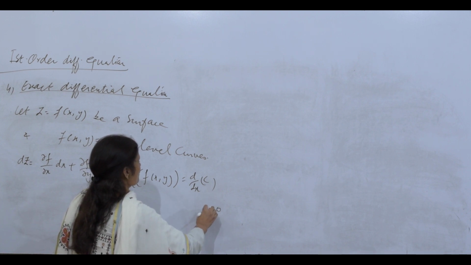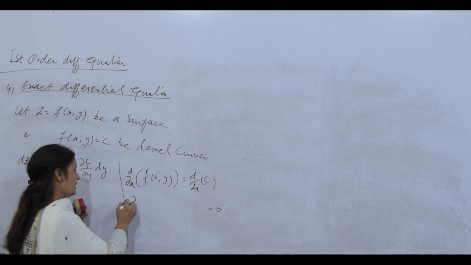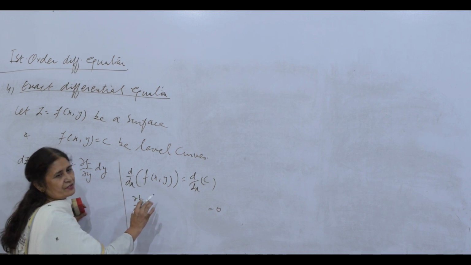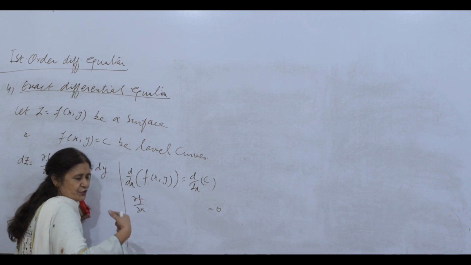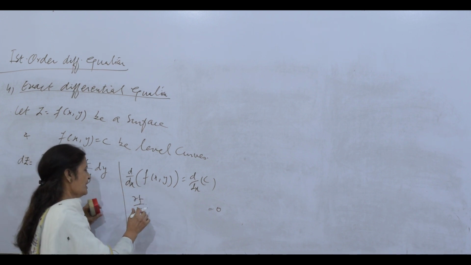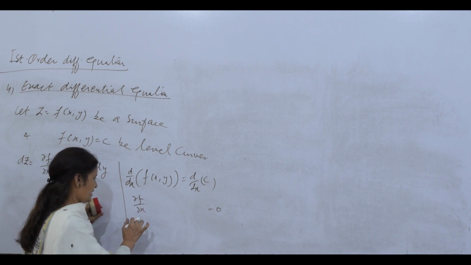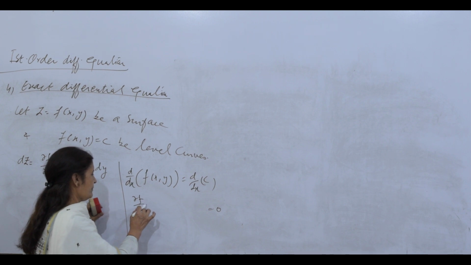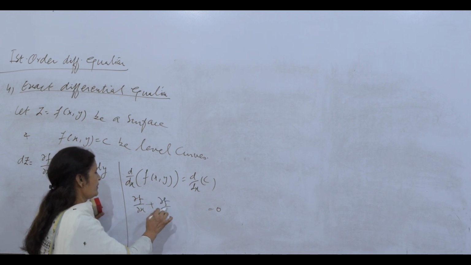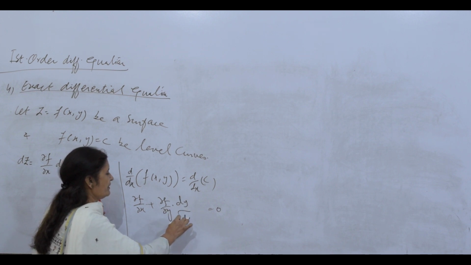This is going to be 0 because the derivative of a constant is 0. Here partial f by partial x times dx by dx, because x is a function of itself, but y is a function of x. Make sure I am using implicit differentiation: partial f by partial x plus partial f by partial y dy by dx. Look at that, dy by dx.